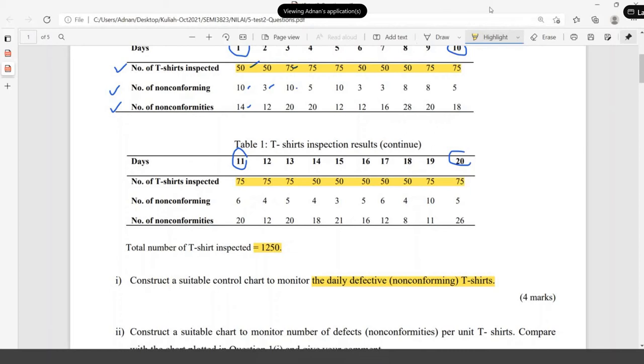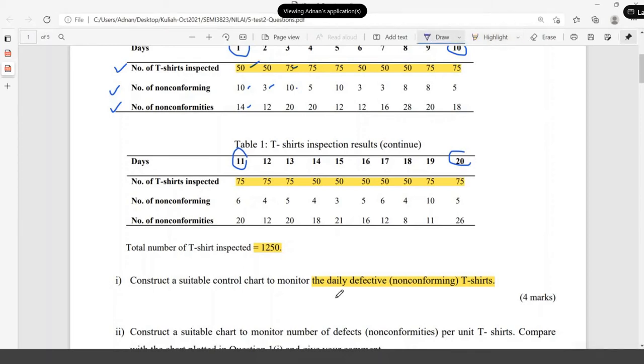What type of chart is suitable to answer question number 1? U-chart. U-chart, is it correct?